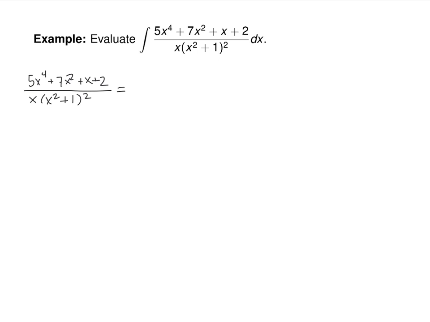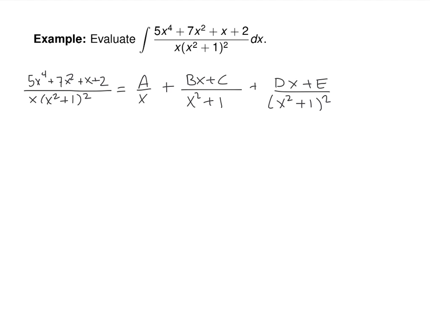The breakdown is A over x, plus Bx plus C over x squared plus 1, and then plus another linear factor, Dx plus E over x squared plus 1, the quantity squared. And you're like, holy moly, this is going to be horrible. It's going to be a little painful, but you can do this.